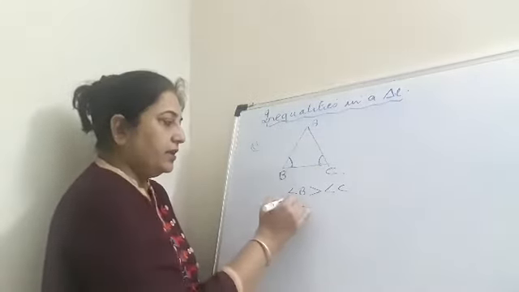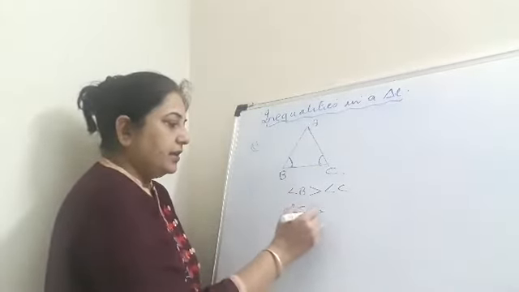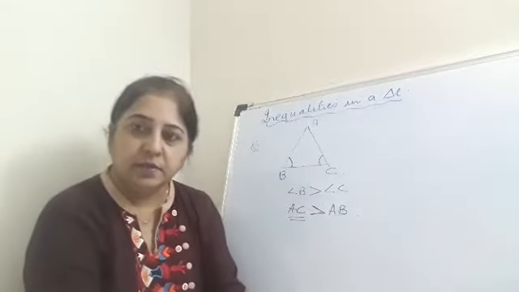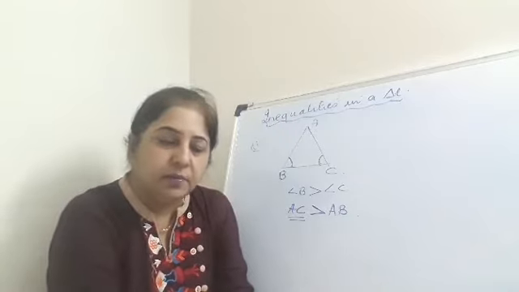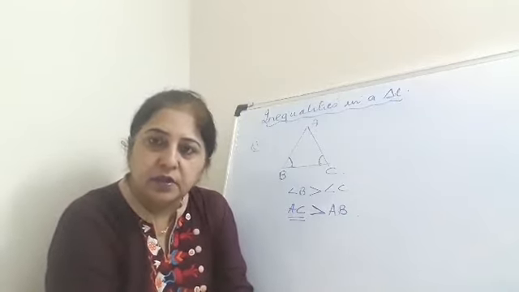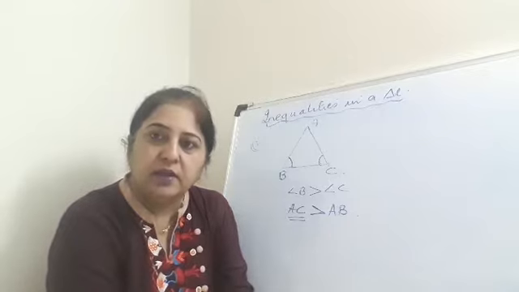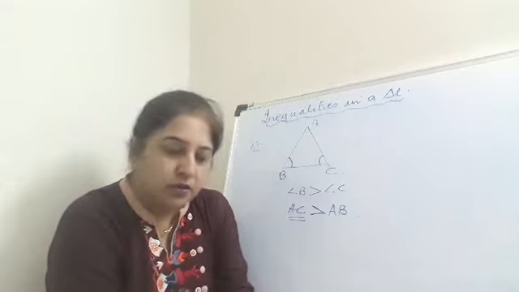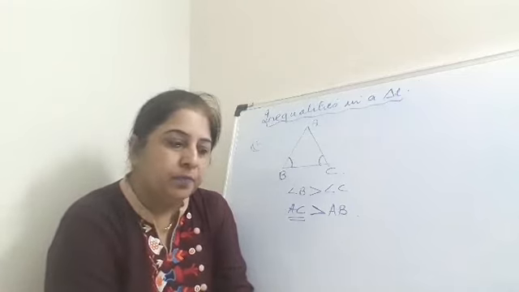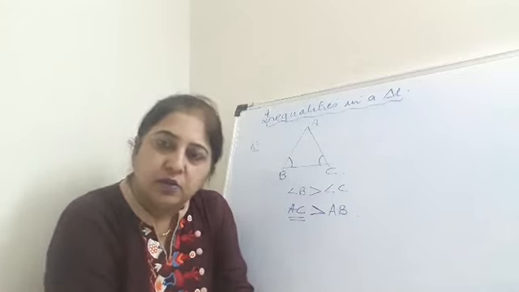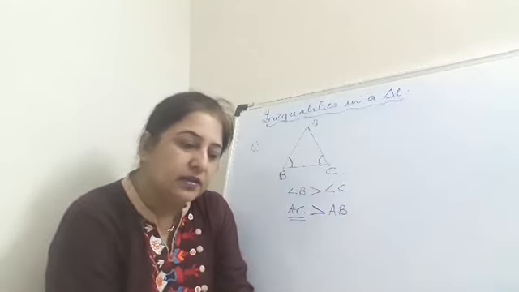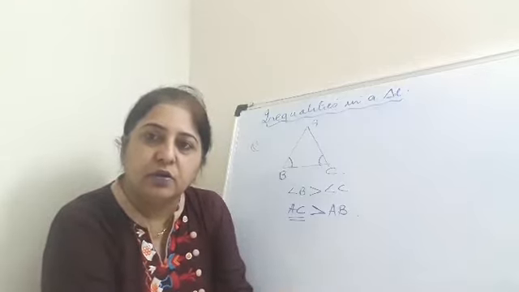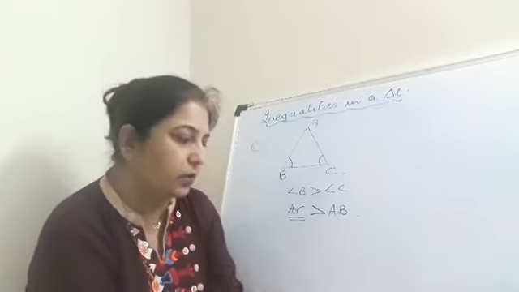Therefore AC is greater than AB. So the inequality will be: the side opposite to the larger angle is always the greater side. So two inequalities: the first is that the angle opposite to the greater side is always greater, and the second is that the side opposite to the greater angle is always greater. We will apply this in the questions.